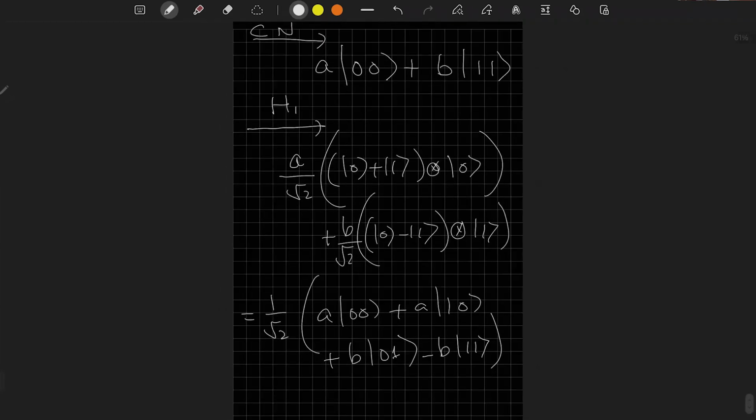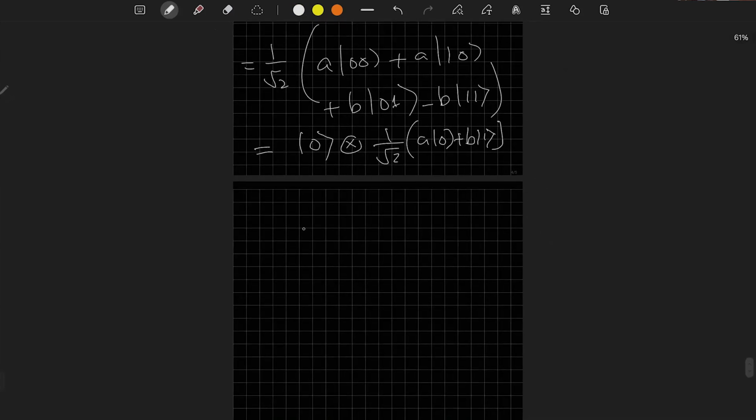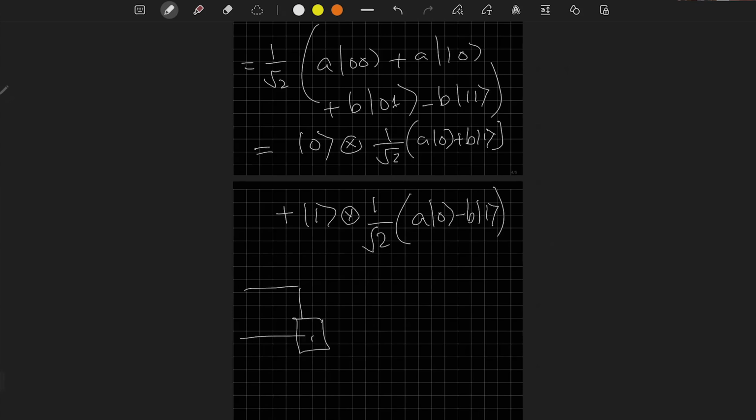Now what I could do, I could write this as |0> cross 1 over root 2 (A|0> plus B|1>) plus |1> cross 1 over root 2 (A|0> minus B|1>). Okay.